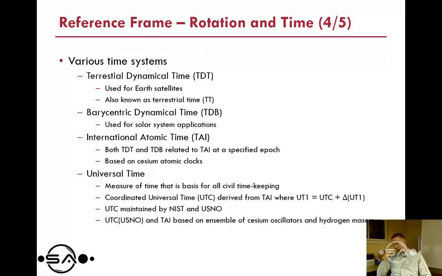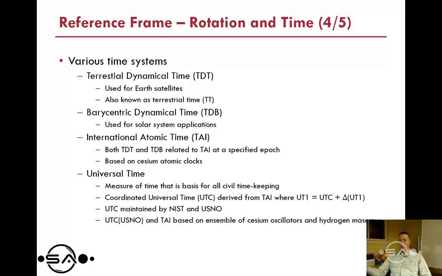So some of the various time systems that we use, obviously we've already mentioned universal time. We'll get to that in just a second. But for Earth satellites, typically we're going to use terrestrial dynamical time or terrestrial time, TT or TDT. For solar system applications, we'll use the barycentric dynamical time or TDB.